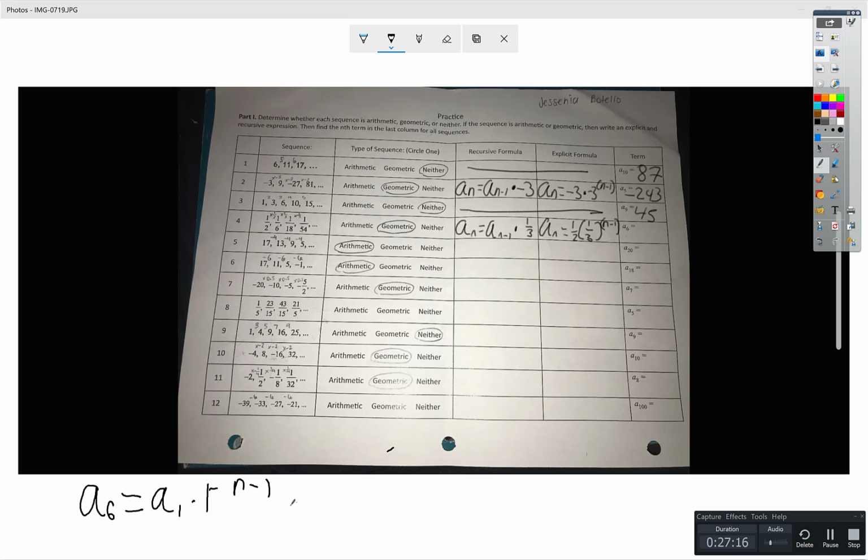So here, that would mean a_1 is 1/2, r is 1/3, and to the 6 minus 1 power, that's to the 5th power. So 1/3 to the 5th power.